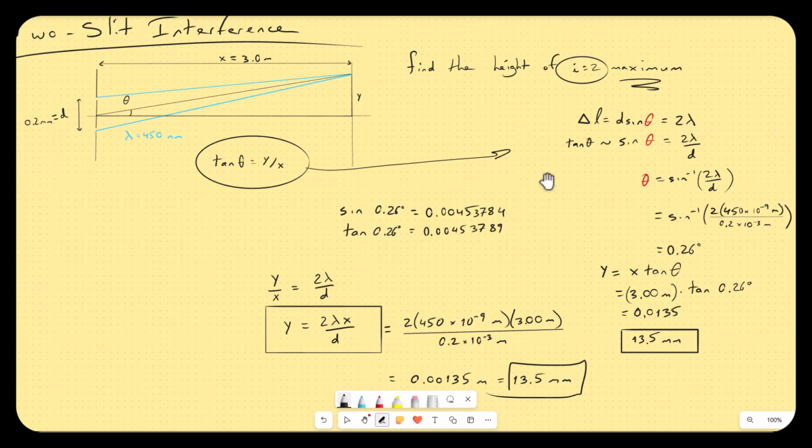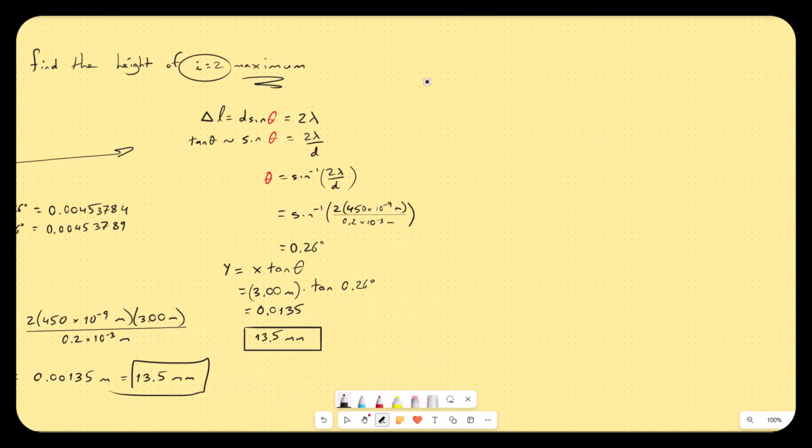Let's say we wanted to find the height of the first minimum, or the first dark fringe if you like. I'm going to now say that my delta L is going to be still d sine theta, and that's going to be equal to 0 plus a half times lambda.